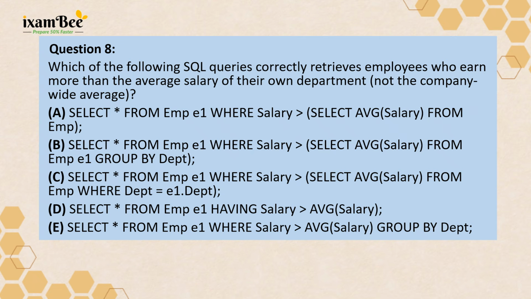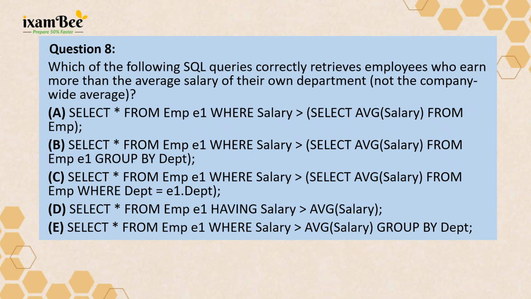Option C does exactly that. By adding where department equals E1.department inside the subquery, the average salary gets recalculated fresh for each employee's specific department, and then that employee's salary is compared against their own department's average.